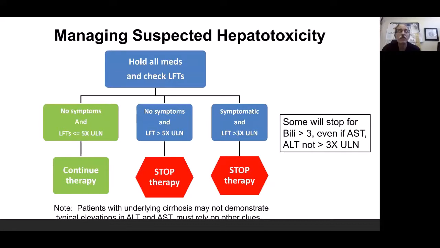However, it's important to recognize that people who have underlying cirrhosis may not show much of a transaminase elevation, and they may only show an elevation in bilirubin. And most of us, if we see that bilirubin shooting up, even without the transaminases shooting up, are going to be worried about hepatic toxicity.